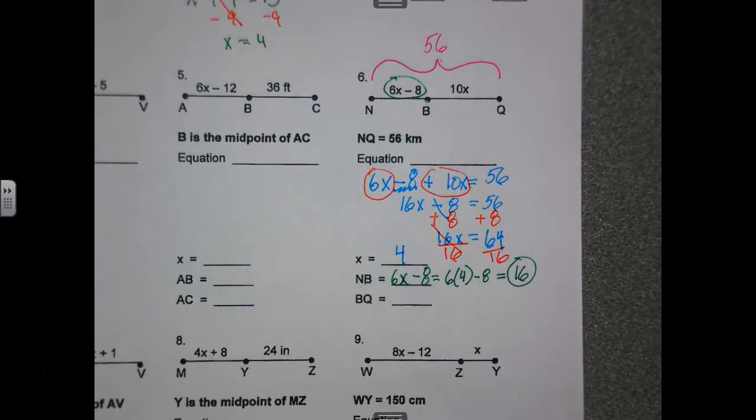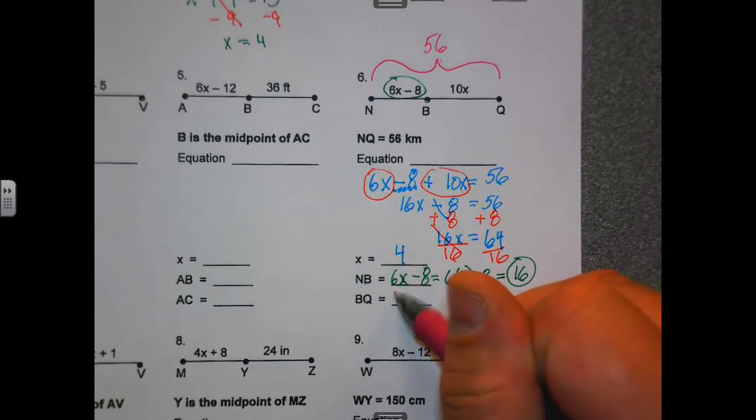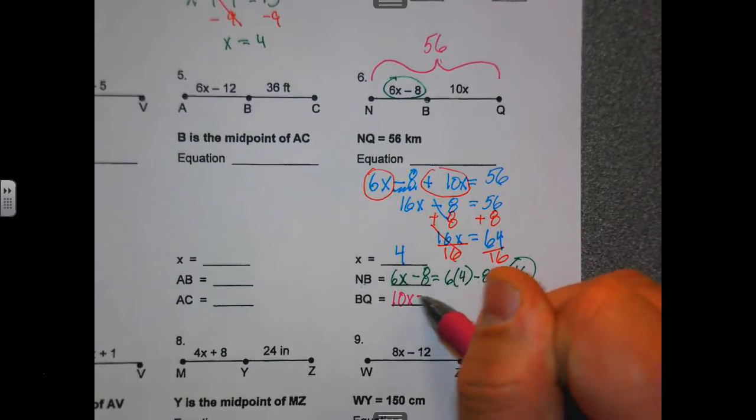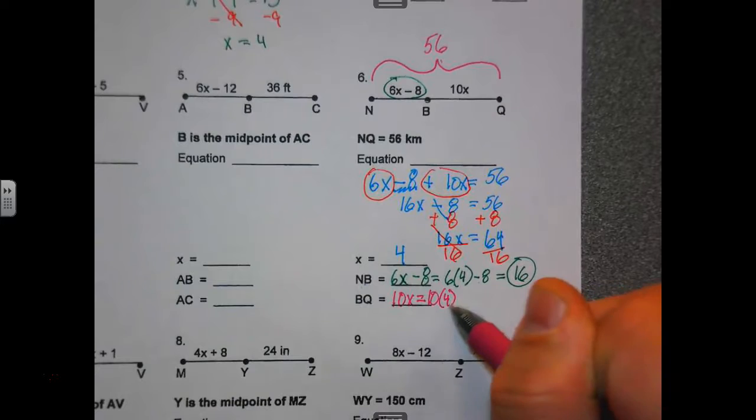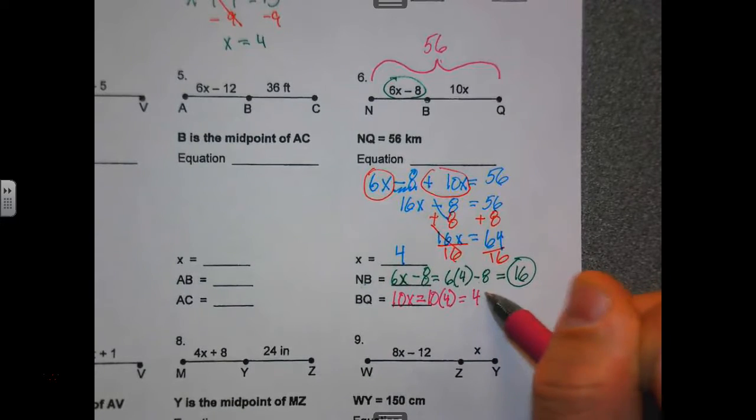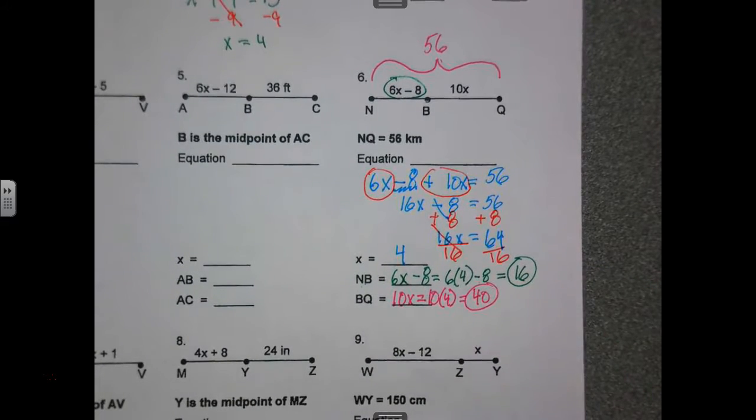And then BQ is 10x, and I'm going to substitute in 4 for x. And I get 40. Questions, comments, concerns?